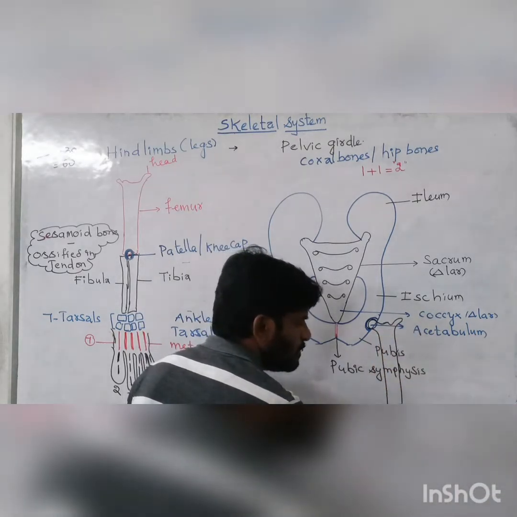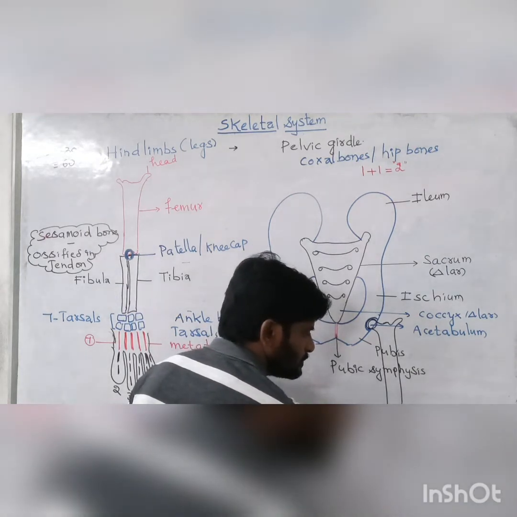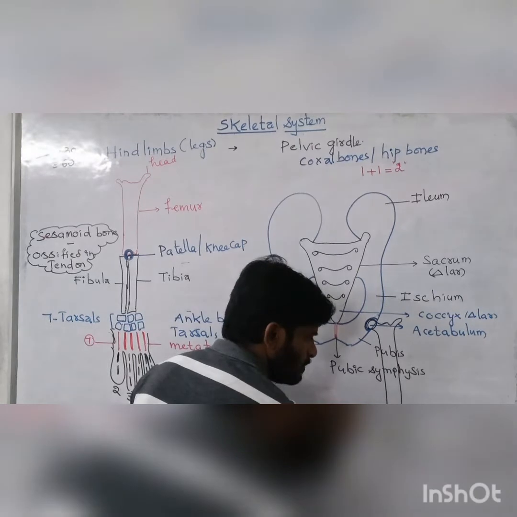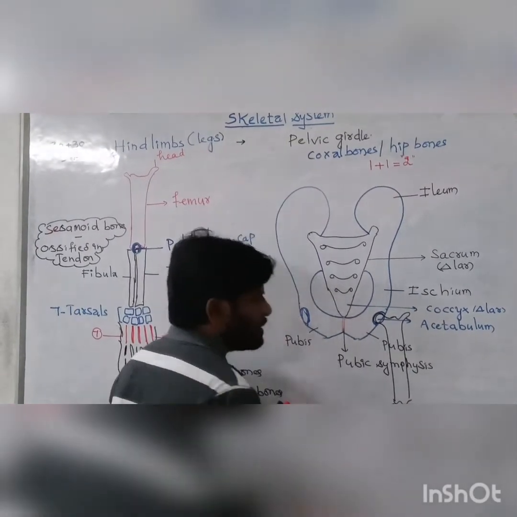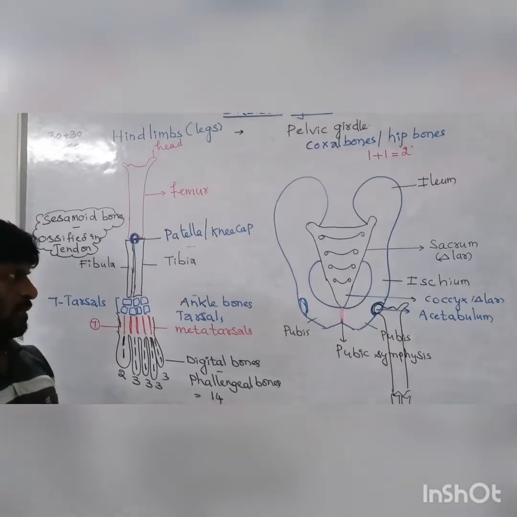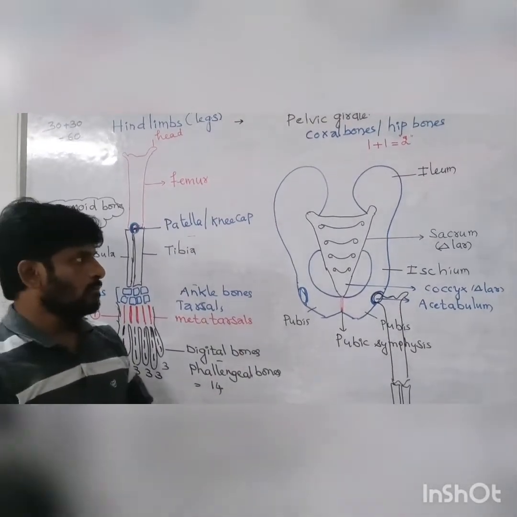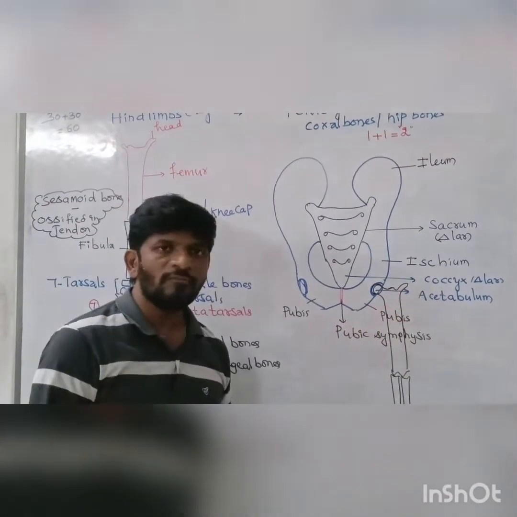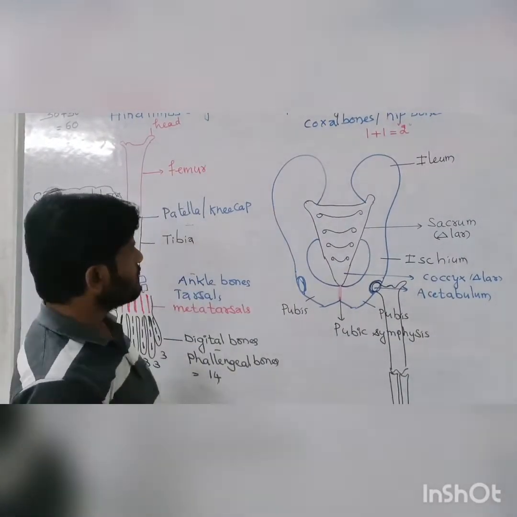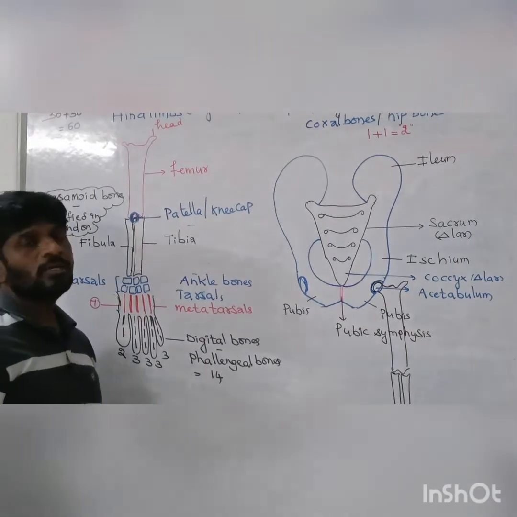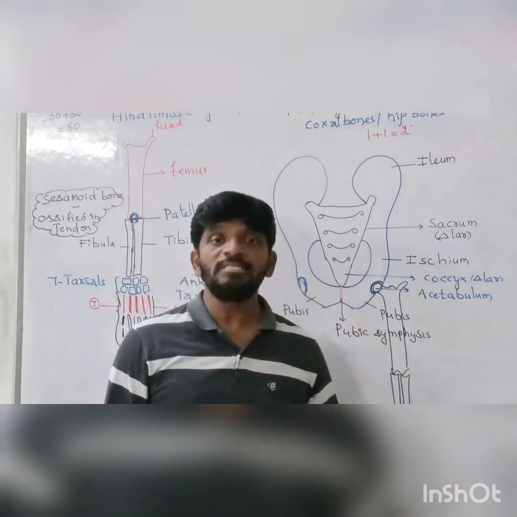This is the femur bone, and this is the tibia and fibula. There are tarsals, metatarsals, etc. So once again, between the acetabulum and the head of the femur there is a joint called the ball and socket joint. With this, I conclude the total skeletal system.